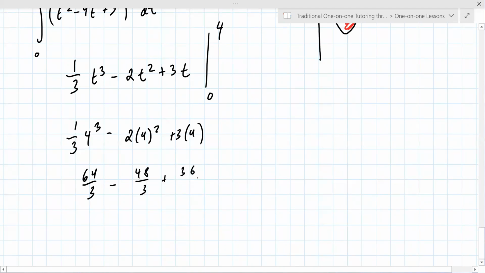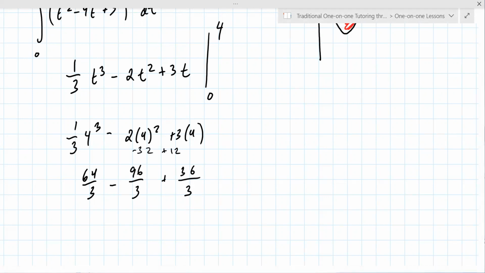So 64 over 3 minus 32 plus 12. Does the right side come out to 44? It's 2t squared plus 3t, so it's minus 32 plus 12. Oh wait, it's minus 32. That's why.